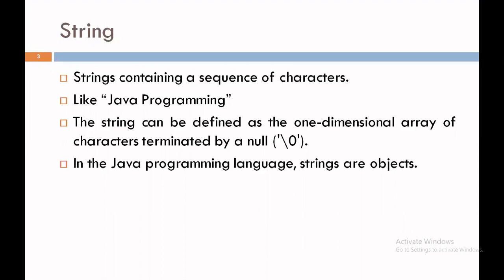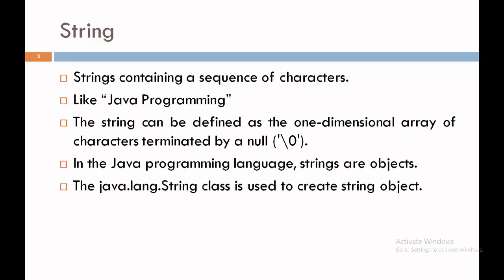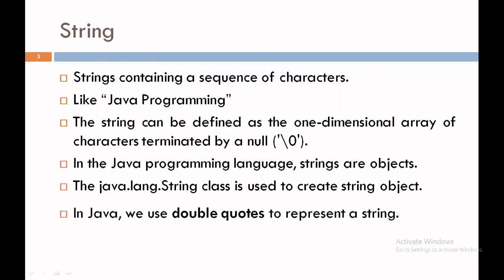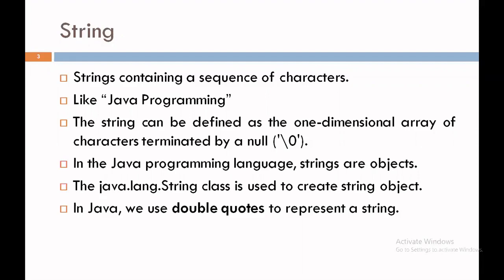That means in Java, String is a class which is used to create and initialize strings. In Java, String comes from the java.lang.String class; the lang package contains the String class, and this class is used to create a string object. We can represent a string using double quotes in Java.